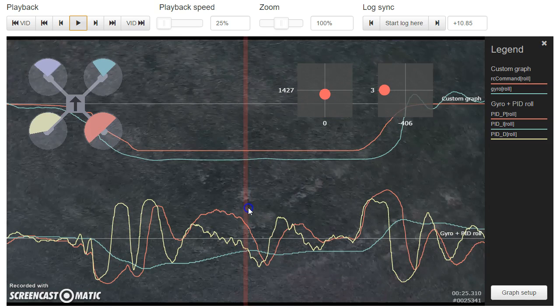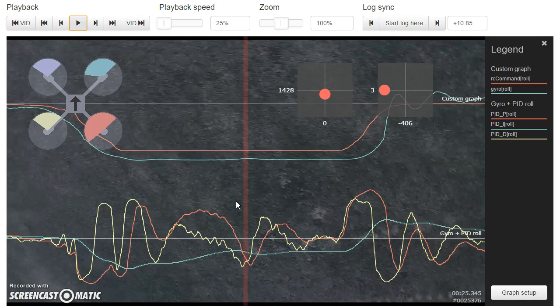What's happening in your loop or your roll? Well, like you said in your post, we're really splitting hairs here. And when you get to this point in fine tuning, there's only so much you can do by looking at the logs. Really, it's a question of trial and error. You're going to bump P up by 0.1 or 0.2.